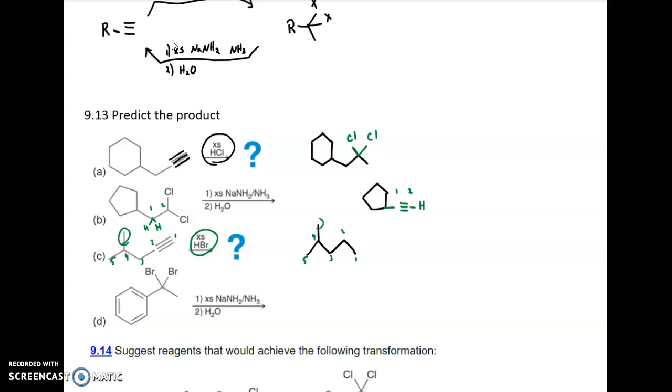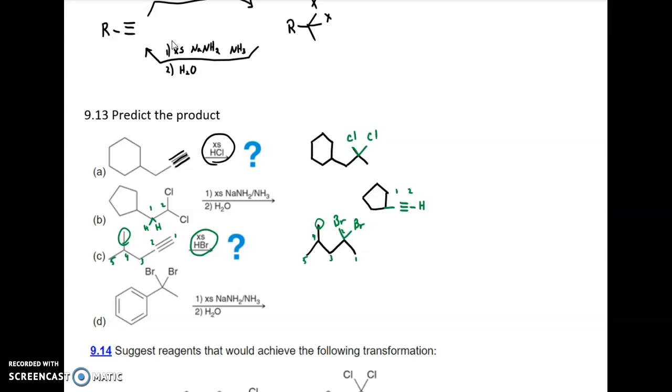I've put that methyl group here. And there is no double bond. We're going to add the 2 bromines to this position right here in 2 successive additions.